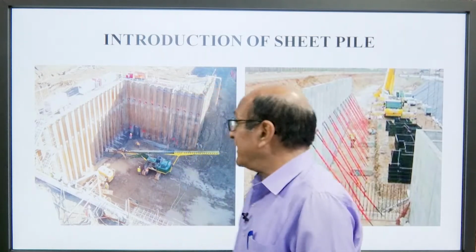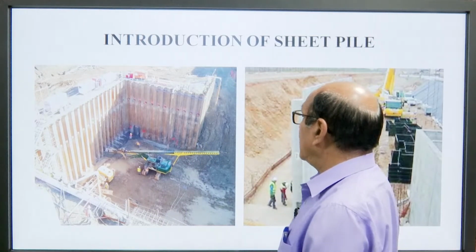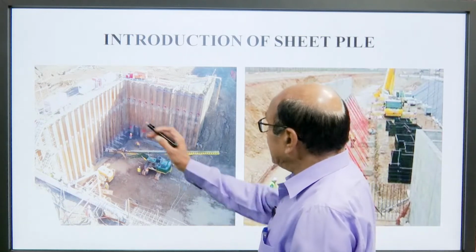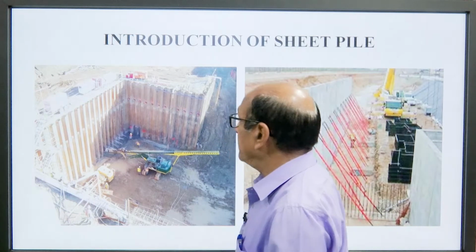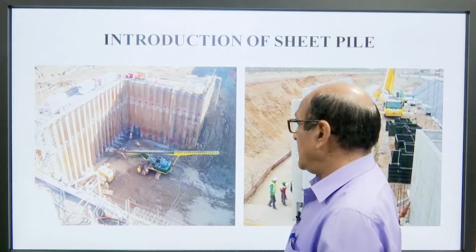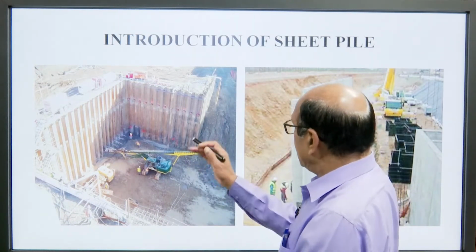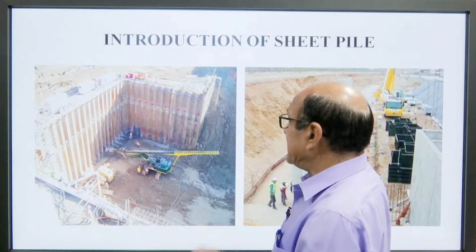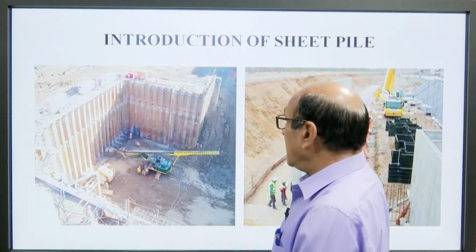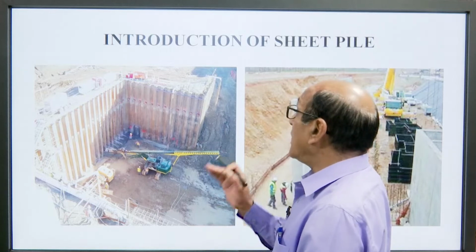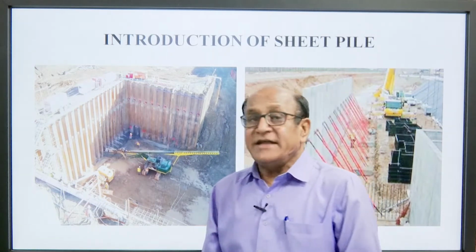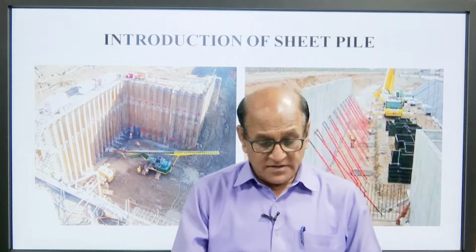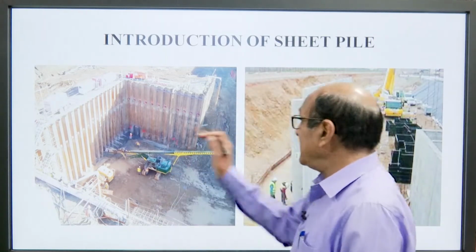We can see here, this is a sheet pile. This is made of timber. We can very easily see this is a trench that has been dug, and to support the side earth, a timber sheet piling has been done here.